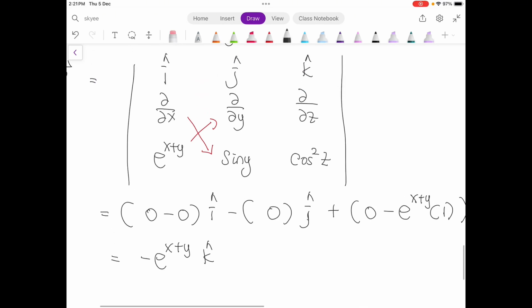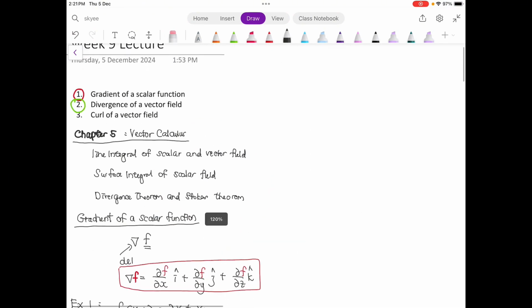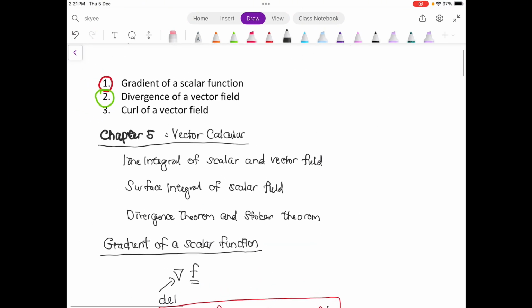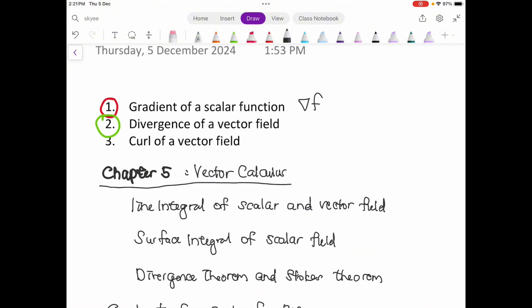So this is all about today: how to perform the calculations to find the gradient. This will be the symbol. You want to find the gradient of a scalar function, and if you want to find the divergence, there will be a dot product between del and a vector.